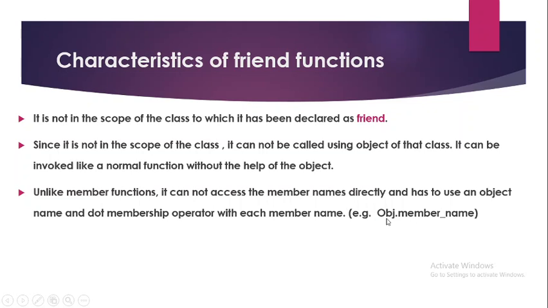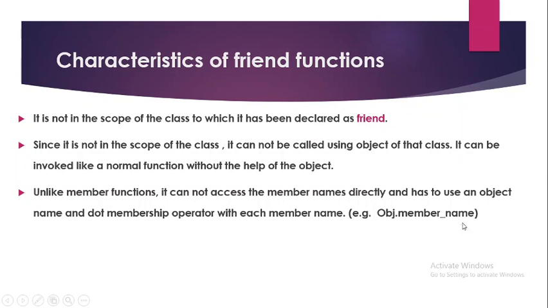Like this, for the class where the function is declared as a friend function, if obj is an object of that class and it has some data member, I can use obj dot member name.